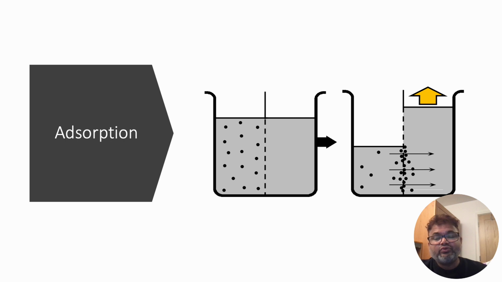Ultrafiltration is used as an isolated mode in SCUF, and it is also used in hemodialysis, hemofiltration, and hemodiafiltration to remove excess fluid from the body. The last one is adsorption, which we use for removal of specific toxins that get attached to the membrane and are removed from the body.